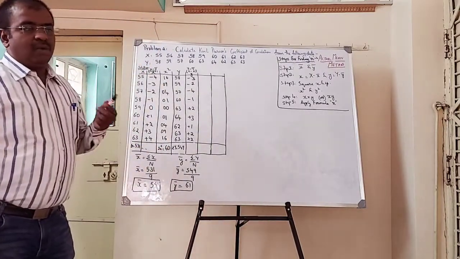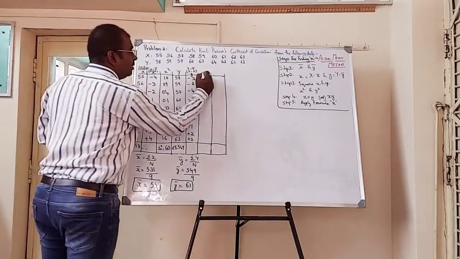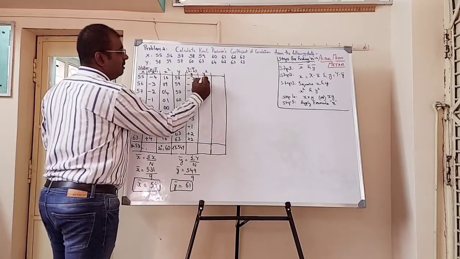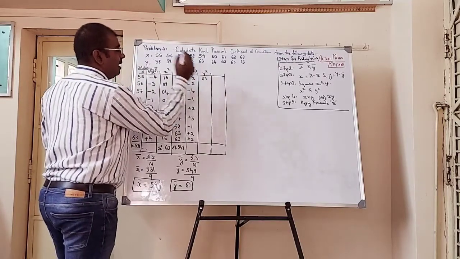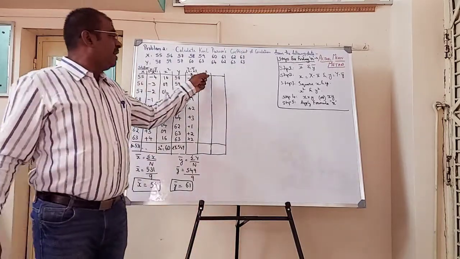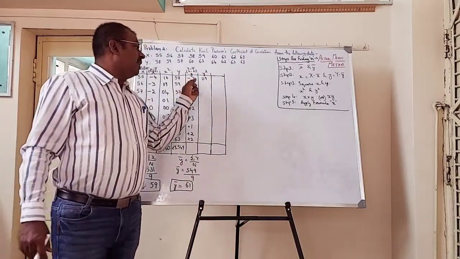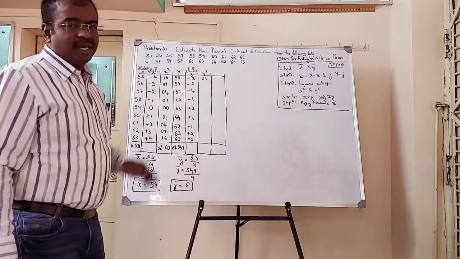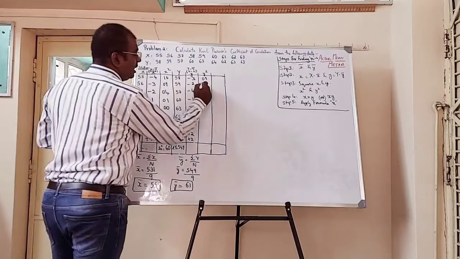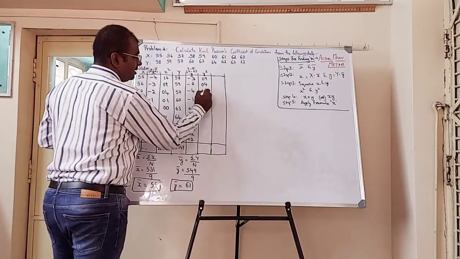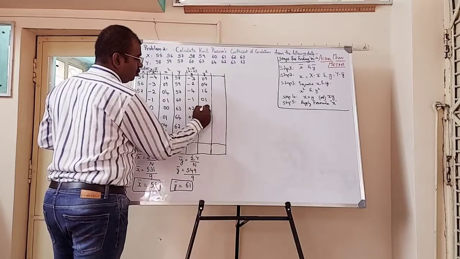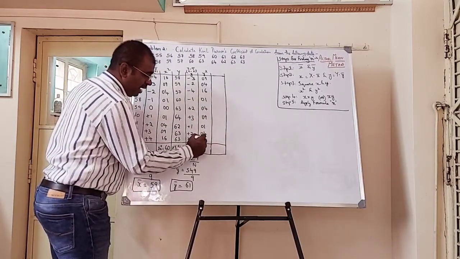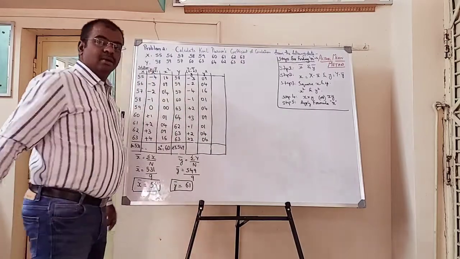Similarly, let us find out what is sigma y square. So y square, minus into minus plus, minus 3 into minus 3 will become plus 9. I told you already in the previous problem, whenever you are finding the squares of the same number, the minus sign will automatically get converted into a plus sign. Minus into minus becomes plus. So 2 2s are 4, 4 4s are 16, 1 square 1, 2 square 4, 3 square 9, 1 square 1, 2 square 4, and 2 square is 4.